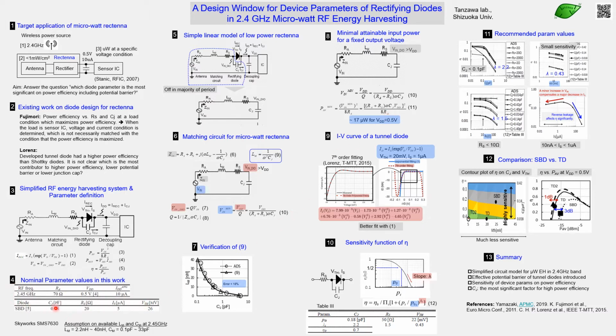So based on these nominal parameters, the minimum available power is estimated to be 70 microwatt to get the VDD of 0.5 volt.